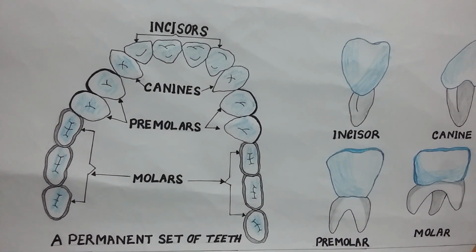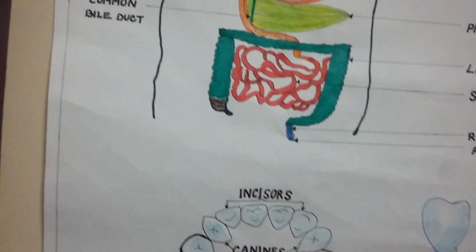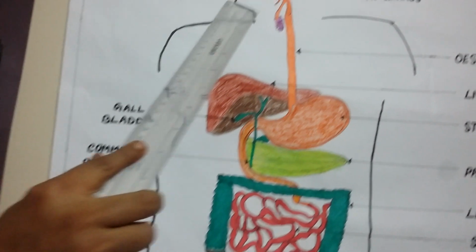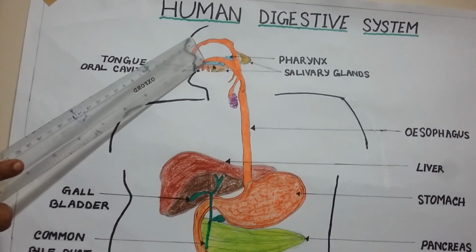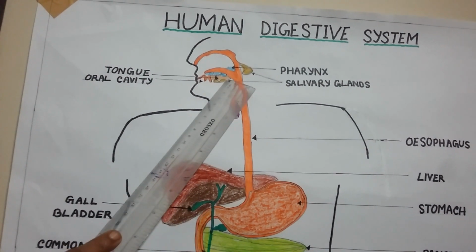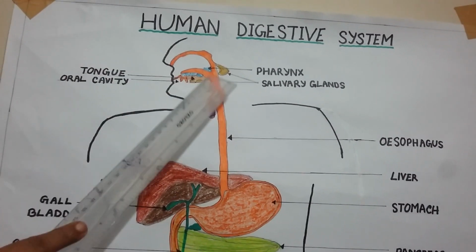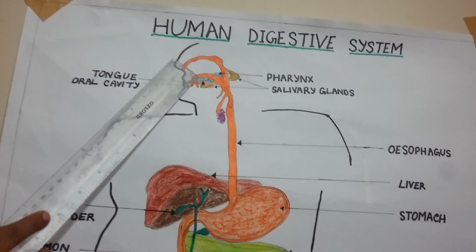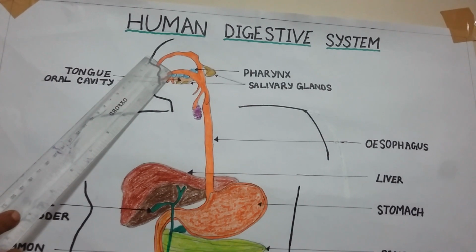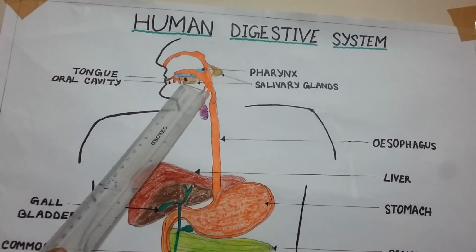Now here you can see the buccal cavity or the oral cavity, teeth and the tongue. So after chewing the food with the help of the teeth, the chewed food mixes with the saliva.